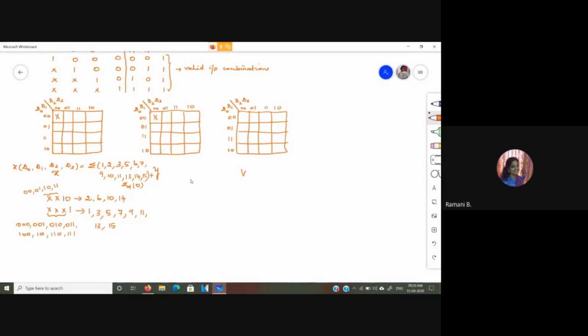Okay, so filling the table, I have 1, 2, 3, 5, 6, 7, then 9, 10, 11, then 13, 14 and 15. These are the values we have for the table. So now here, how can you form the group?